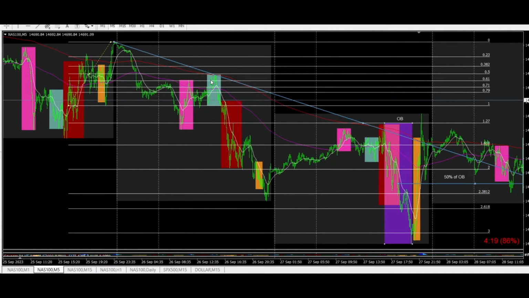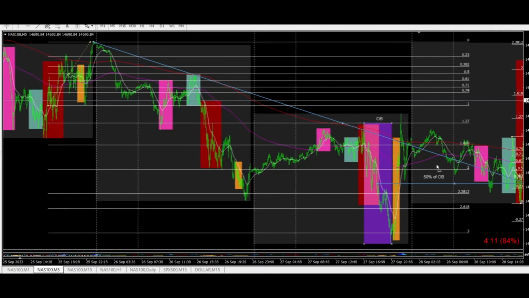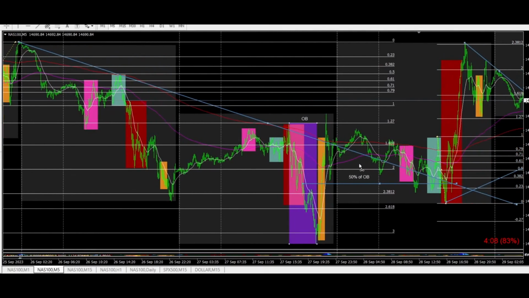You can draw your trend line. And again, here's the order block. Drawing your trend line. Something very interesting happens when we get down here. You see price will oscillate around this trend line.